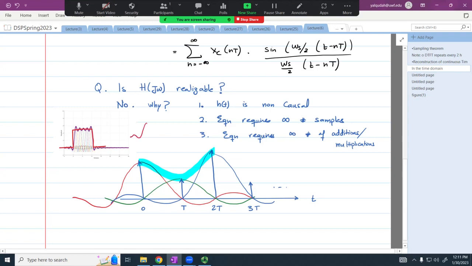However, when I've done it here, I took a finite length sinc. Ideally the sinc should go from negative infinity to infinity. I took the sinc to be finite. I came after a stage and I said, okay, this is very small, I'm going to take a finite length of the sinc that I've used in here.